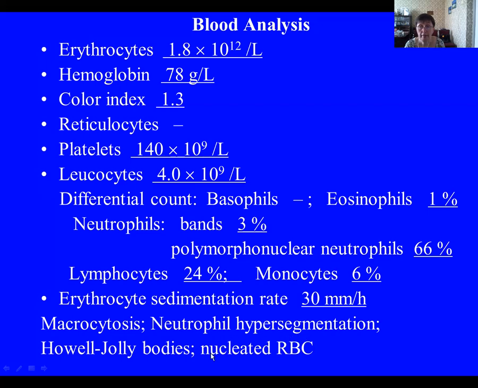Do you remember that red blood cells contain no nuclei? But in this anemia, the remains of the nuclei may be found inside the erythrocytes, such as oval Jolly bodies. And also, if we examine neutrophils, we can see their hypersegmentation.